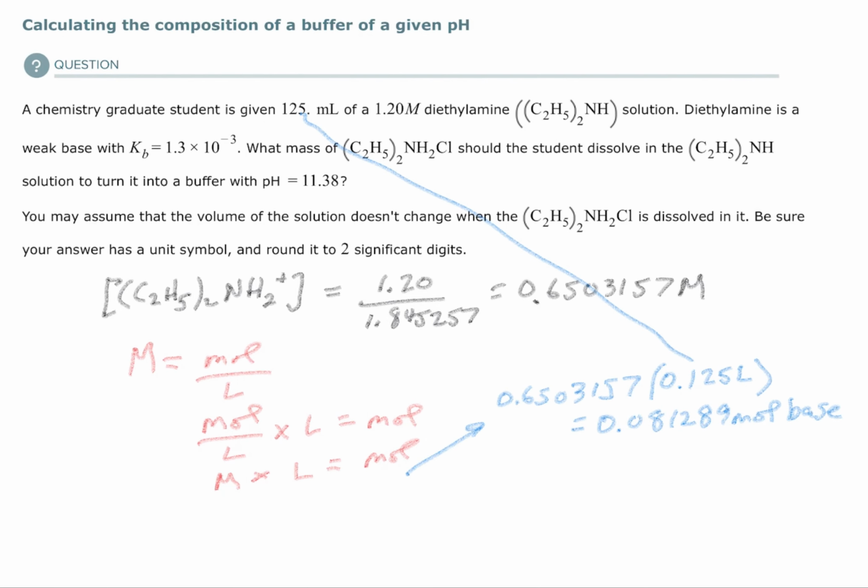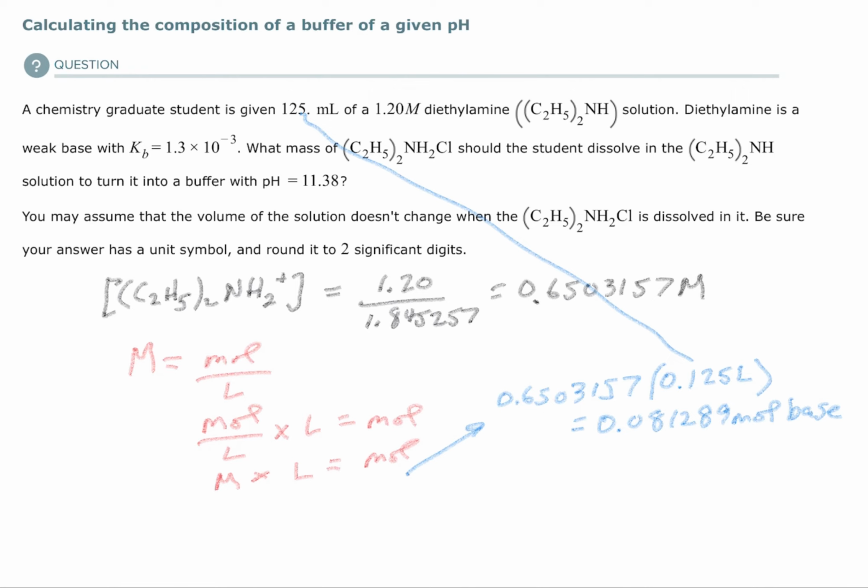Molarity is moles over liters. If I knew the liters of the buffer, then I could find the moles to put in. They give me the volume as 125 milliliters, and remember this is moles per liter, so I have to change it into liters.